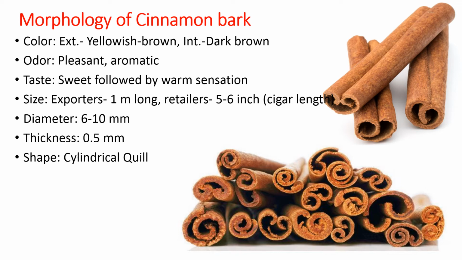But if you dry it, since the inner part has more and more amount of moisture, the moisture goes off and the bark slowly turns inside or tries to quill inside from the inner side.